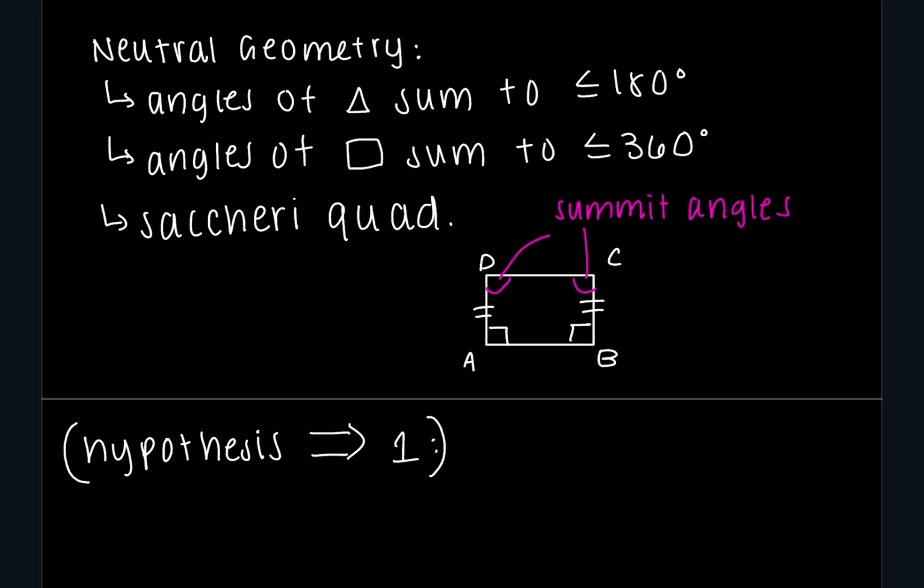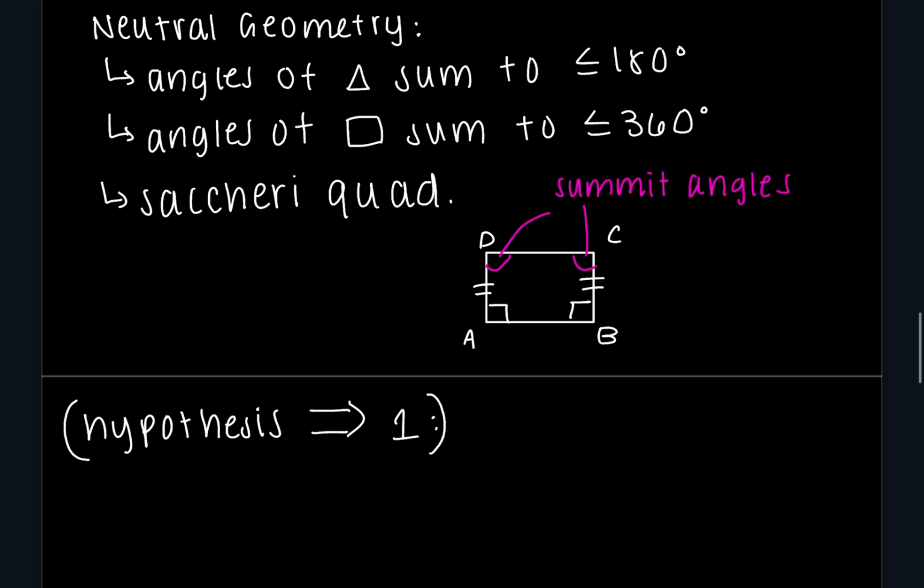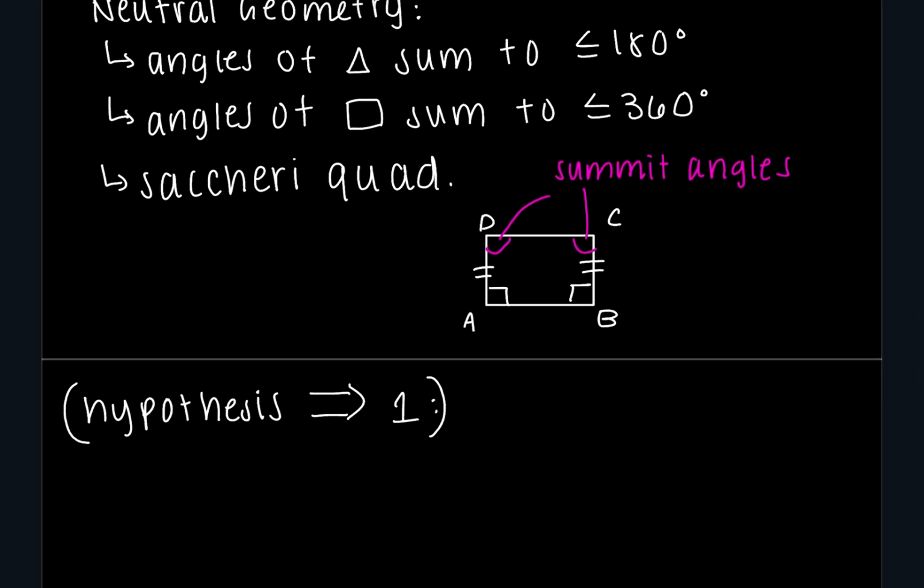Remembering what a Saccheri quadrilateral is, it is a quadrilateral ABCD where the 2 base angles are 90 degrees, and we know that the 2 sides with those angles that connect to the base are congruent. So here we have AD congruent to BC, and angle A and angle B are right angles. It is also good to know that the 2 top angles are called summit angles.